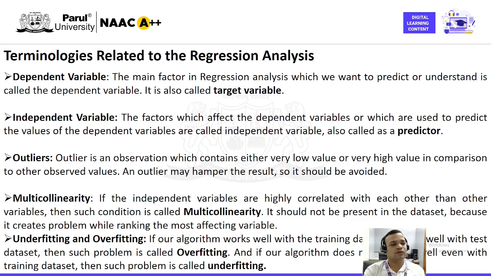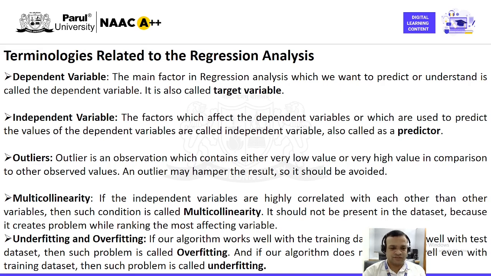These factors which affect the dependent variable, or which are used to predict the value of the dependent variable, are called independent variables. You can say predictors.